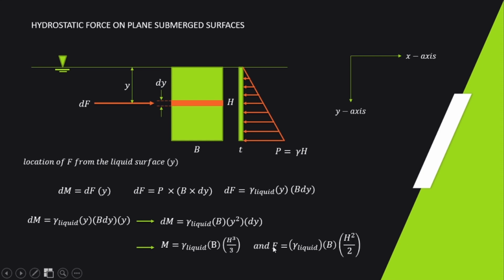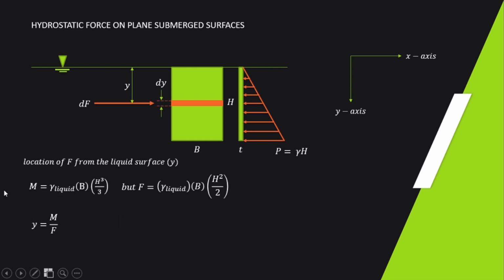And kanina, na-derive din natin na yung force natin is equal to the unit weight of the liquid times B times H squared over 2. And yung Y natin, kanina kasi, di ba, yung moment natin is force times distance, pero yung moment arm natin is also equal to moment all over force.